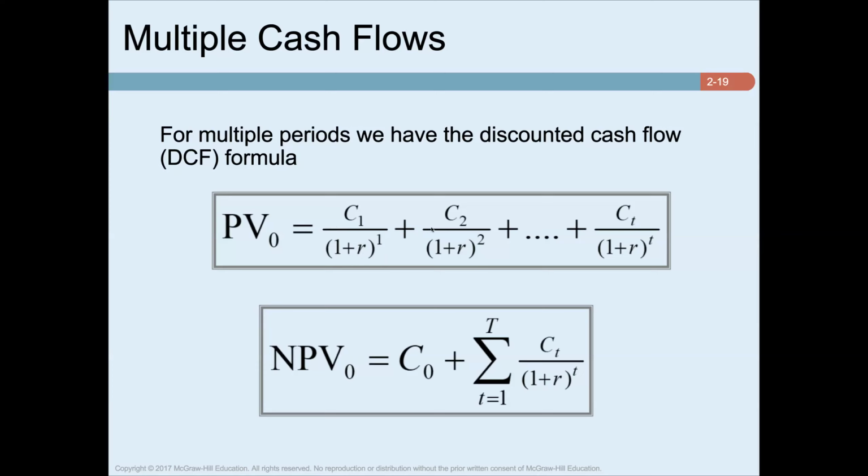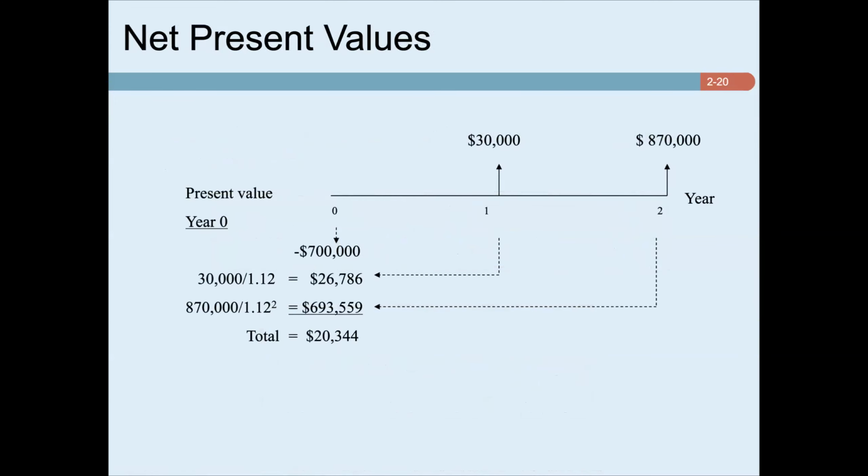And then plus year 2, the cash flow discounted back 2 periods, until CT divided by 1 plus R to the power of T. So the net present value is C0, usually negative, right? It's our investment, plus the sum of the future inflows discounted back to the present value.